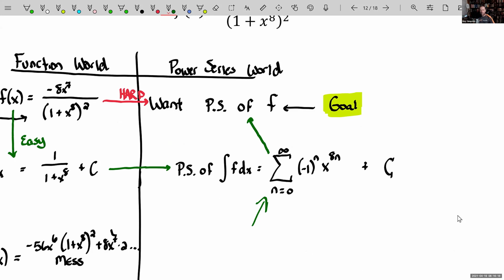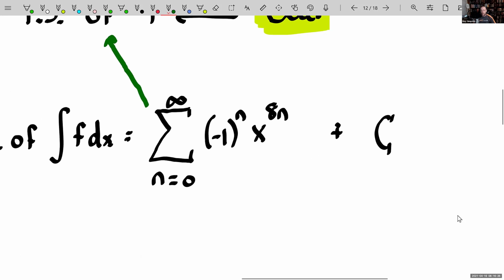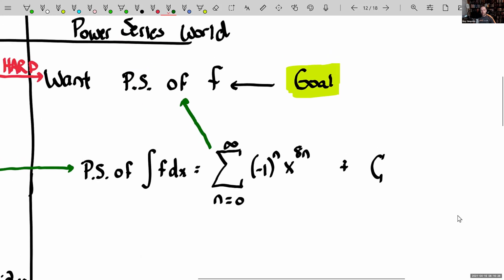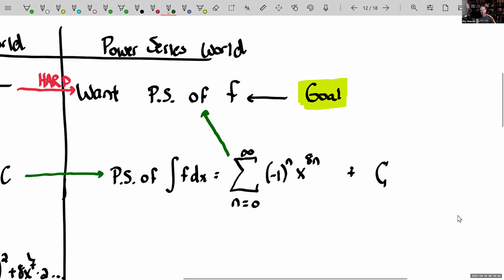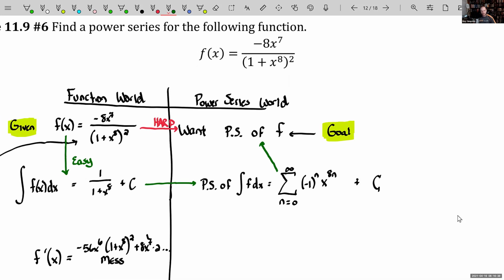Differentiate. Yeah, you better believe it. If you differentiate this power series we just found, because this power series is the integral of f, differentiating will give us the power series for f. Boom. Kind of nice. Had I done this ever before, as far as writing it this way, I would have probably ordered the integral stuff to be above my function.